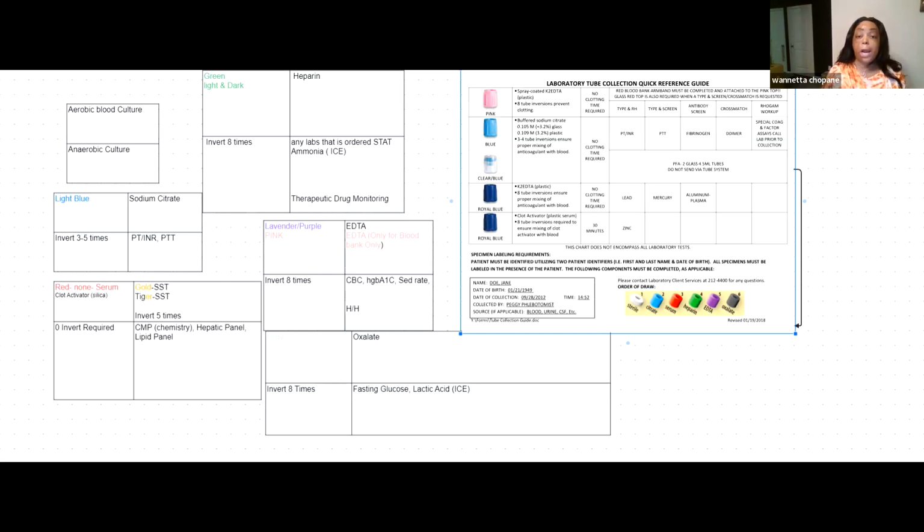But what I want to add is the pink. A CBC can't go on the pink. You're probably thinking, oh my God, this is one of those ones where all of these multiple tubes mean the same thing. Even though the pink has EDTA, we invert 8 times, you will only use the pink if you worked in a blood bank or a plasma center, or if you were a phlebotomist in the hospital and you have to draw a pink.